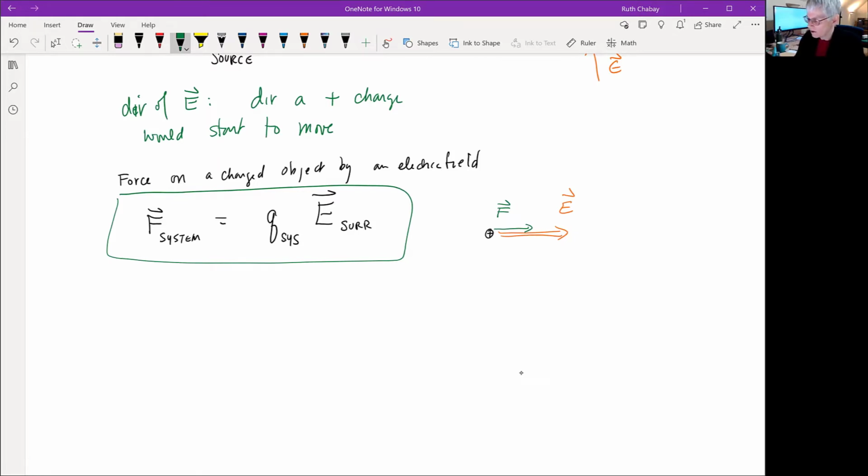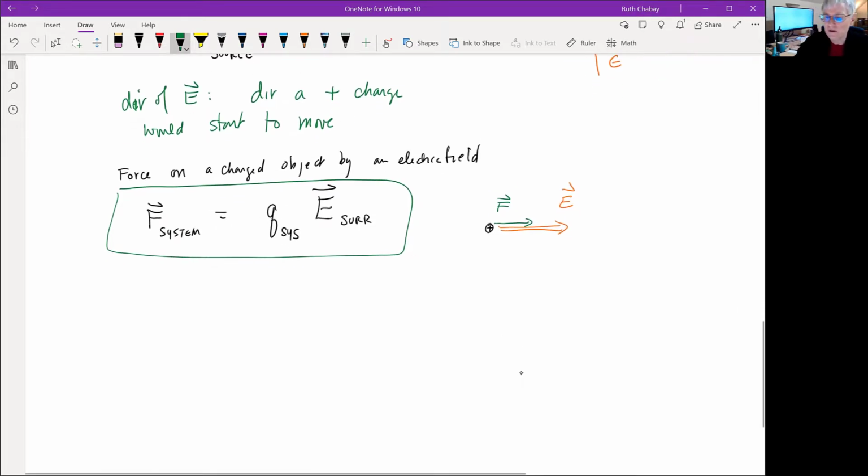Okay, so I think your question is really about field, because field and force are different, and they have different units here, right? So force has units of newtons, and charge has units of coulombs. So electric field must have units of newtons per coulomb.